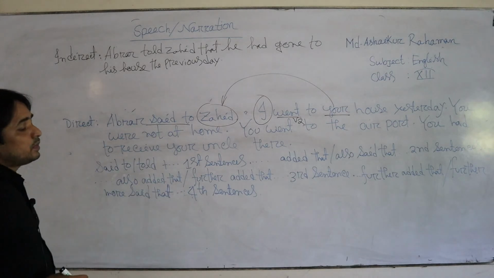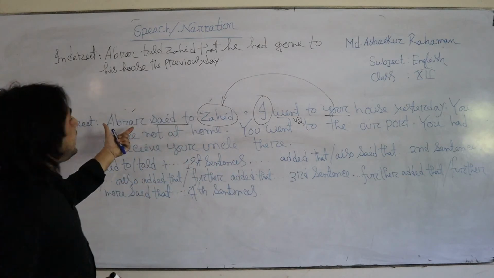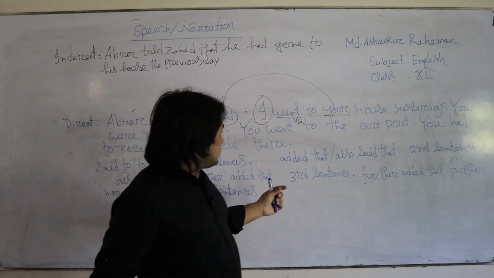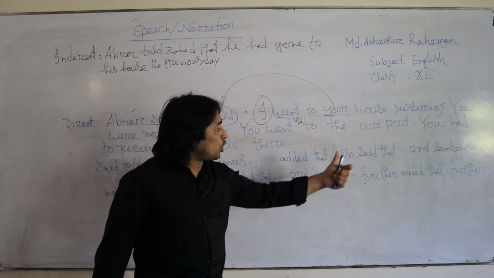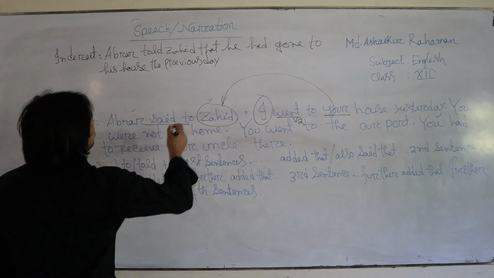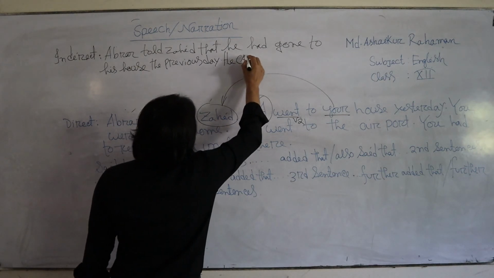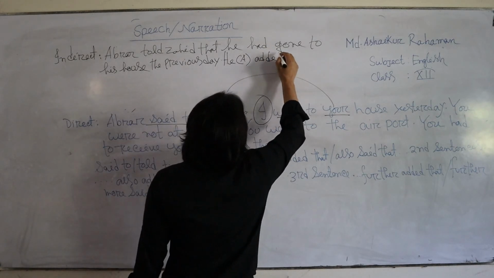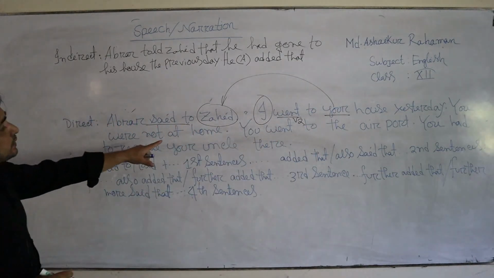Now the second sentence: You were not at home. One thing you must keep in mind is that these 4 sentences are spoken by Abrar. So we must connect the first sentence and the second sentence, and in the middle we have to use added that or also said that. It's convenient to use added that. Now the subject he indicates Abrar. He added that, what? You were not at home.